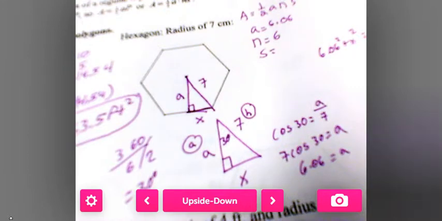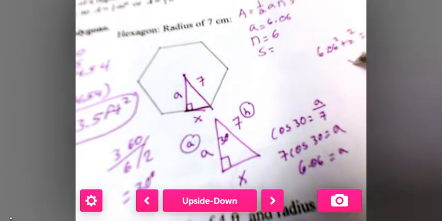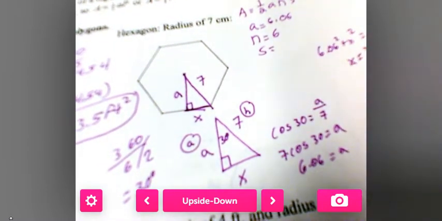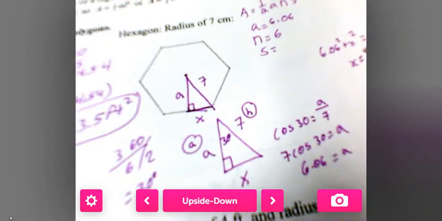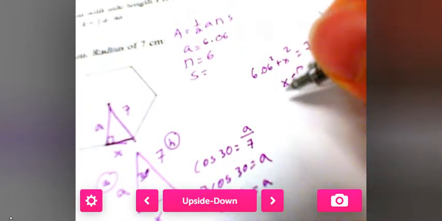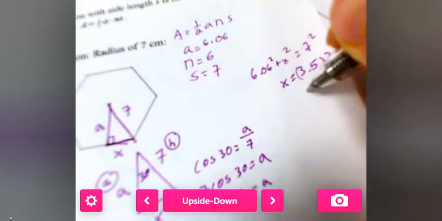So I get 49, I'm going to minus 36.7, and then I'm going to square root that answer, and I get x equals 3.5. Now I've got to times that by 2 to get the whole side length, and I'm going to get 7 as my answer. Wait, can you slide over? Yeah, sorry. So my side length is 7.